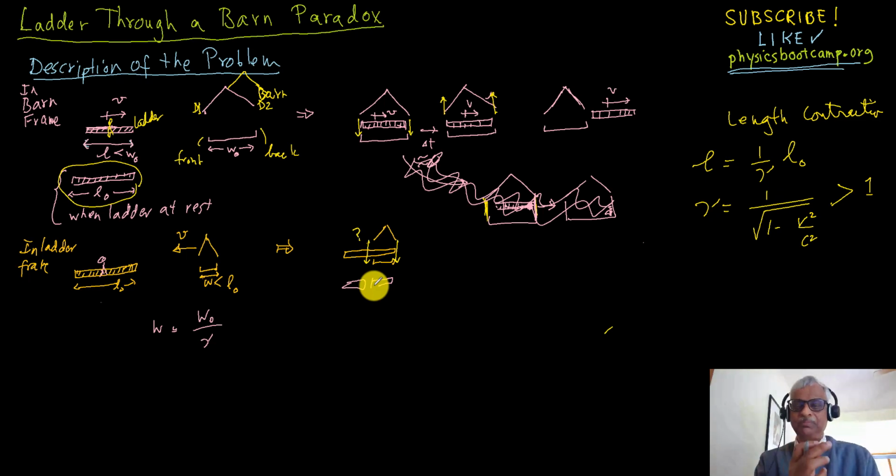Unlike the twin paradox, we have completely legitimate inertial frames. This frame is inertial, this is at rest, this is an inertial frame. So it's completely between two inertial frames, and there must be some catch here why this is not working out.